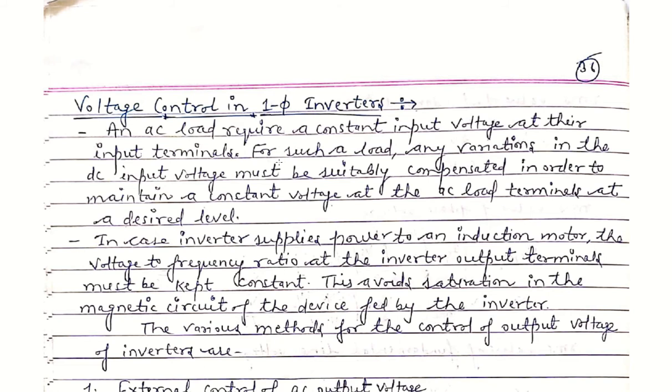To make variable frequency, what will we do? We will change the conduction time of devices so that we control the frequency of the output voltage. Why? Because T is equal to 1 by f. If we control time, then frequency will be controlled.